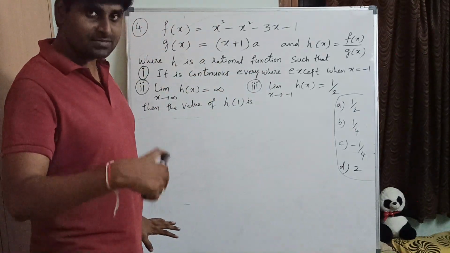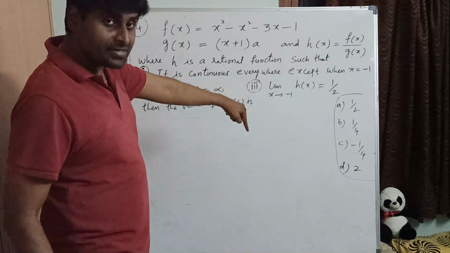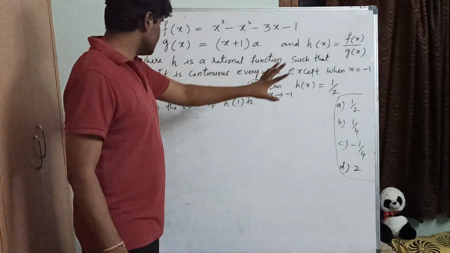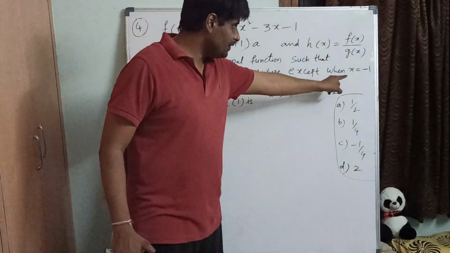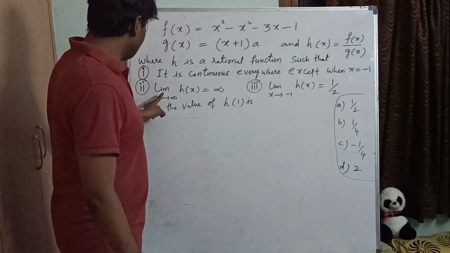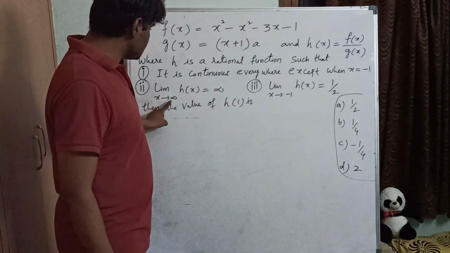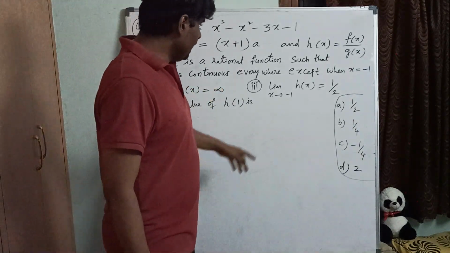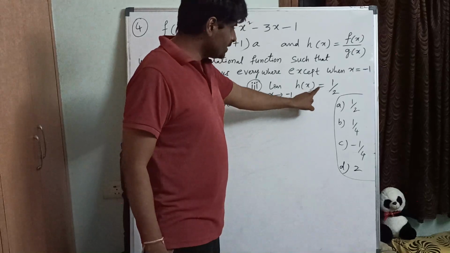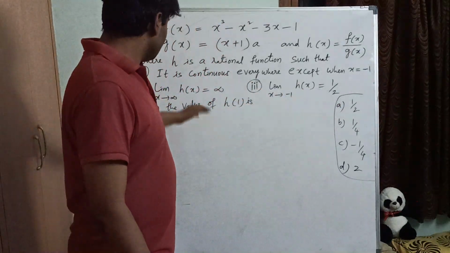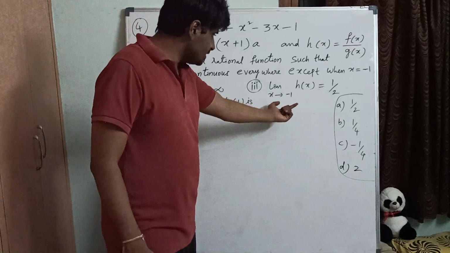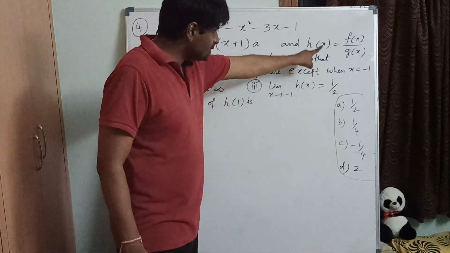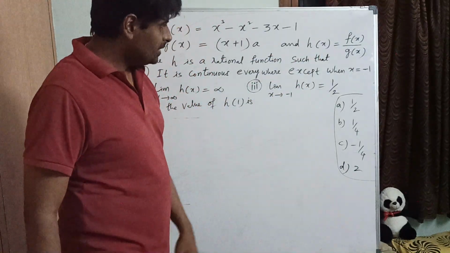Where h is a rational function such that it is continuous everywhere except where x equals minus 1, and after that, limit x tends to infinity h of x is undefined, and limit x tends to minus 1 h of x equals 1 by 2. So in all of these conditions it's very easy to apply. The limiting value of h of x as x tends to minus 1 is 1 by 2, given.